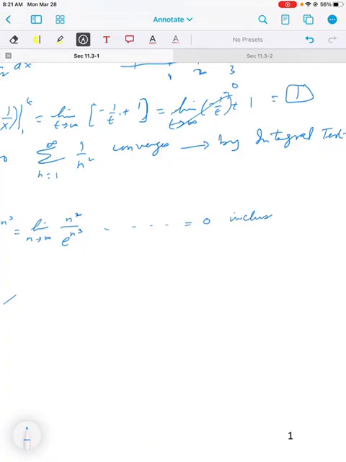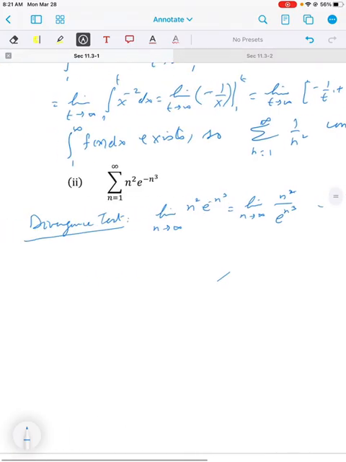So what does that mean? It means the test is inconclusive. So remember, when the limit comes out to be 0, we do not say that it converges, but we say that the test is inconclusive. So it means the divergence test didn't help us.